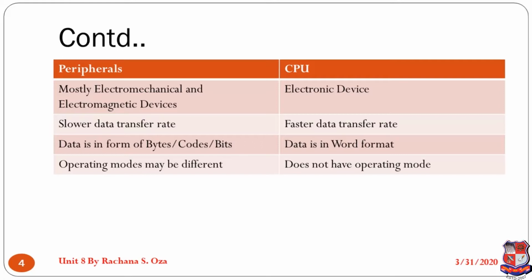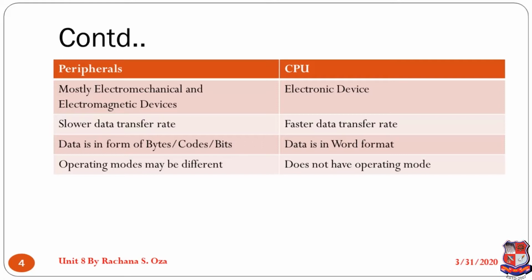The speed of the CPU can never match the speed of any input-output device. You can take the example of the keyboard versus CPU. Keyboard is an input device and cannot perform at the same speed as the CPU. Hence, the peripheral devices work at a slower data rate, while the CPU works at a faster data rate.